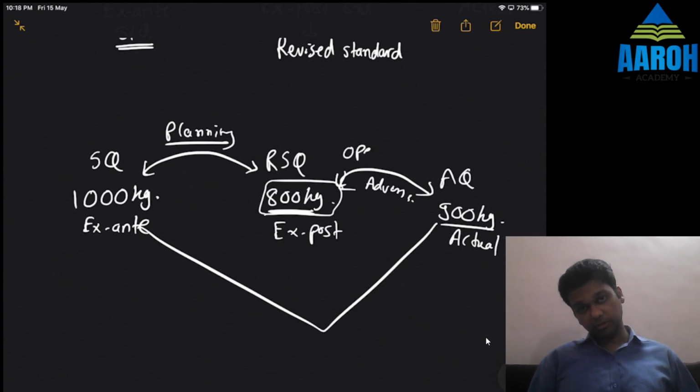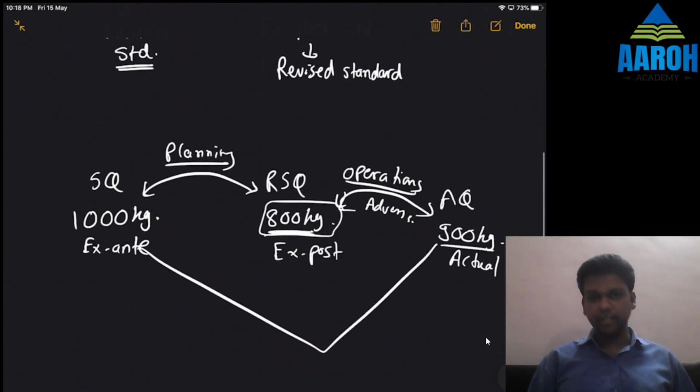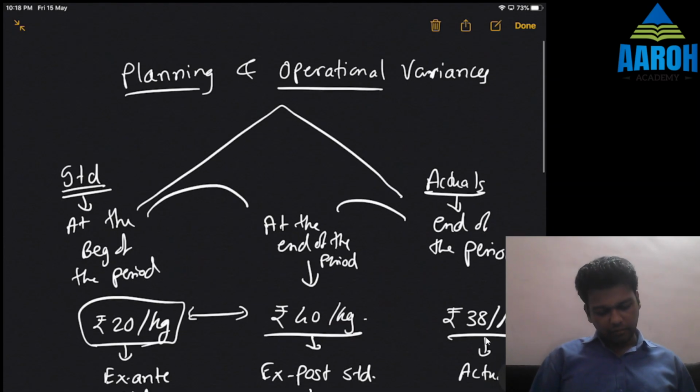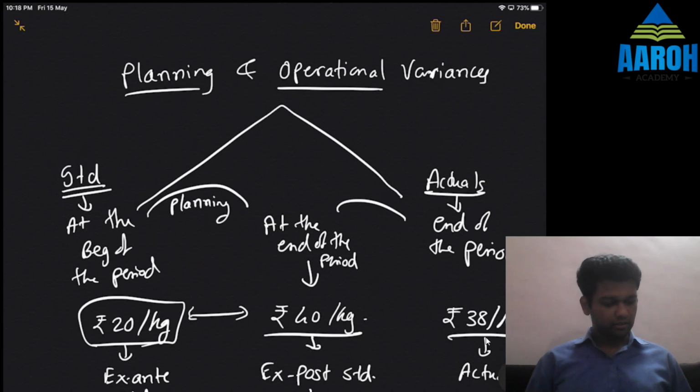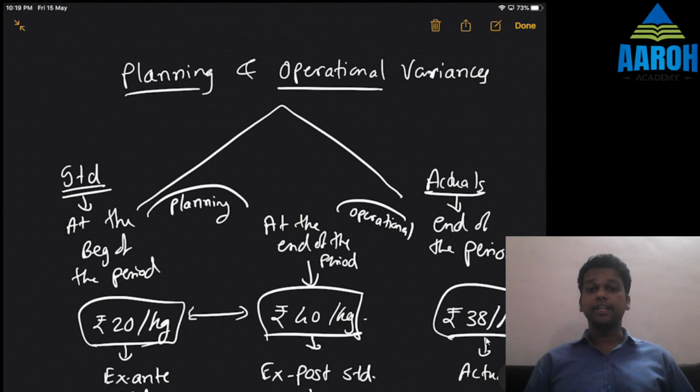Similarly, in the case of price variance also, we'll call this variance planning variance, because it arose because of bad planning, or maybe not bad planning, but we did not know at that time, so wrong planning, right? And this variance arose because of operational reasons. That is, we could have purchased at 40, but we actually purchased at 38 only, which is favorable.